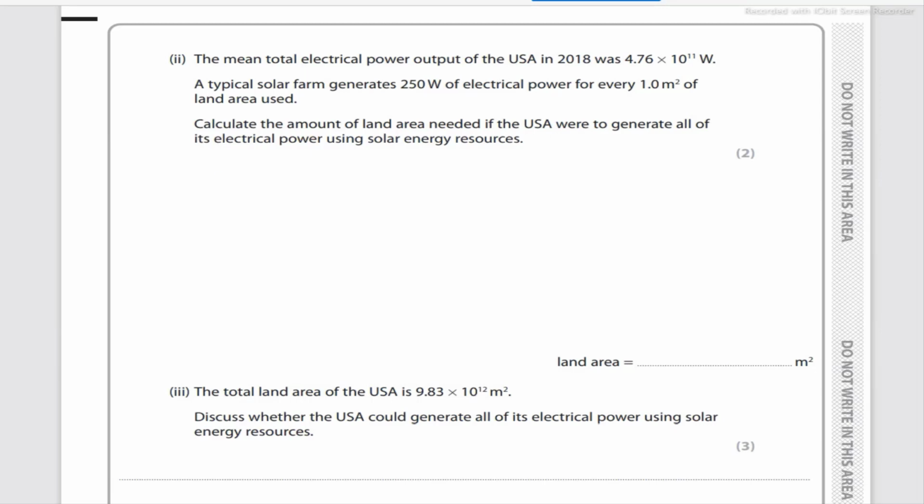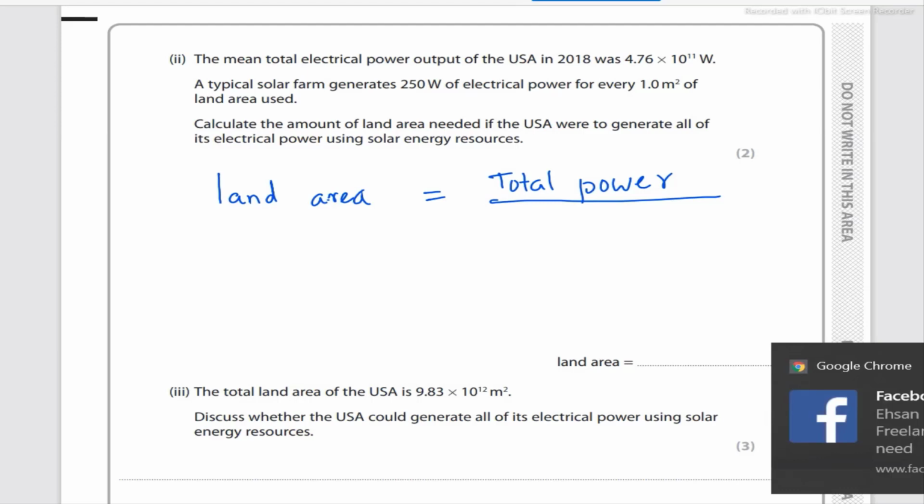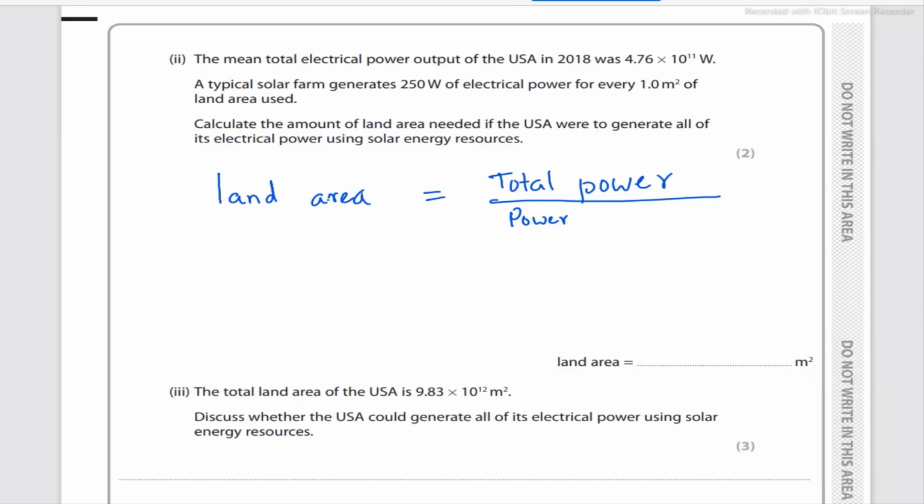So, land area equal to total power, total electrical power, divided by power of solar farm.